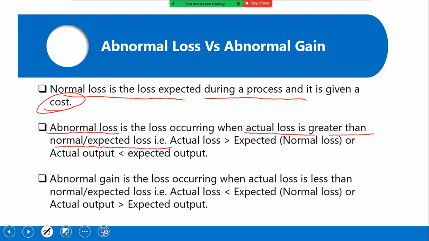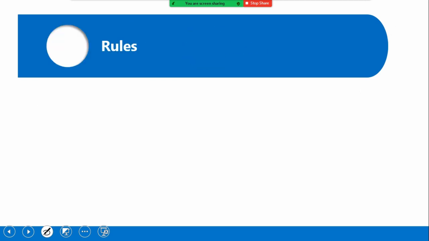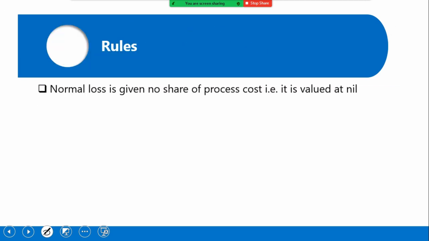Then, of course, it is also possible to have an abnormal gain. This is where the actual loss is less than what you expected. So basically the rules are: normal loss is given no share of the process cost. That is to say, it is valued at 0, nil.